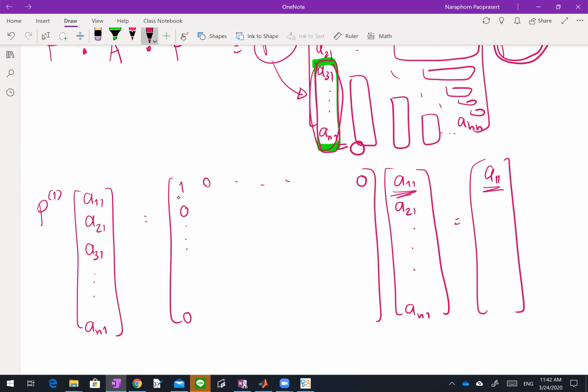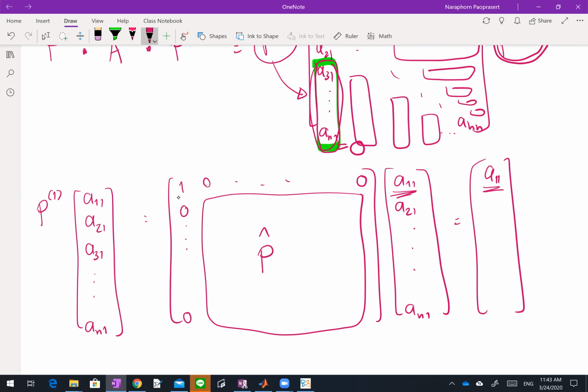What we care about are these numbers starting from the third row. These numbers have to be 0. So we'll construct the P in such a way that in the first column and the first row, we don't really touch anything. Here in the lower columns and lower rows, we'll just call it P hat.